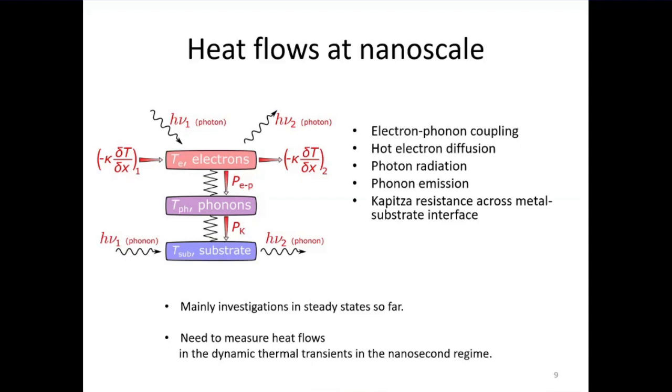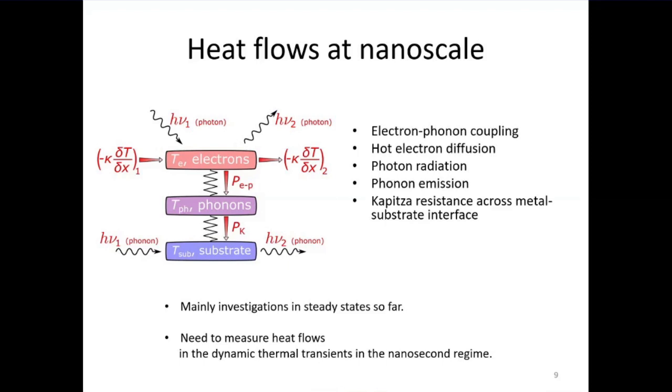Then we can investigate energy exchange between electrons and phonons in the same metallic chip, or the exchange of energy between phonons of the nanostructure and phonons in the substrate. We can investigate the propagation of phonons in the substrate, the diffusion of hot electrons, or absorption of phonons, blackbody radiation.